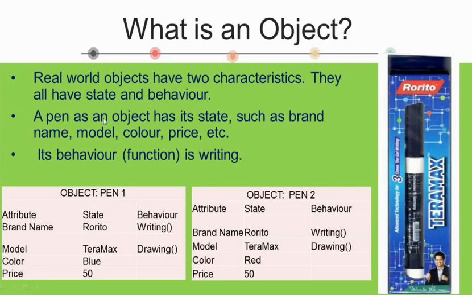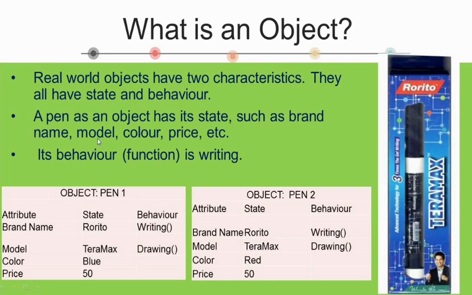So this pen as an object has its state. What is state? Such as the brand name. What is the brand name of this particular pen? The brand name written is Rorito, right? So this Rorito is the state of this pen.